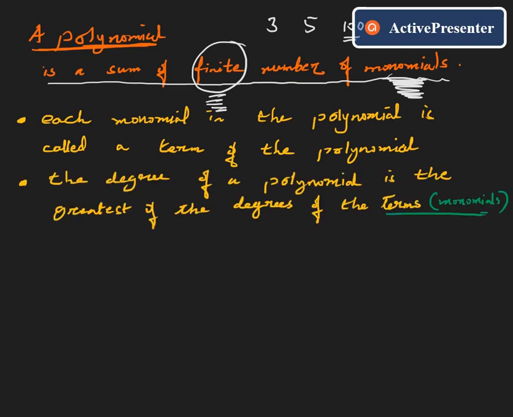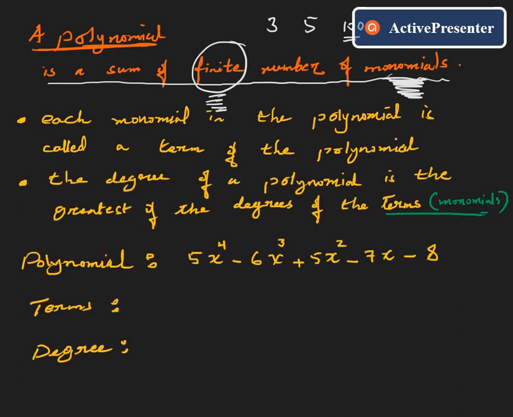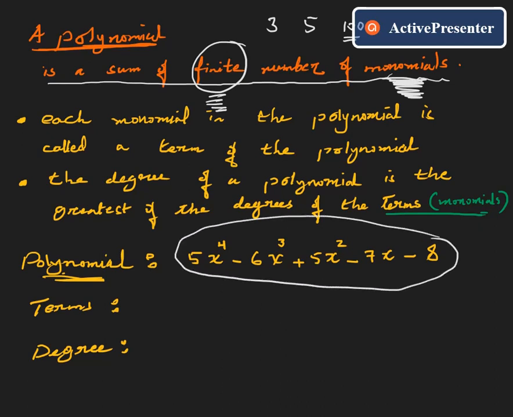For example, if we have a polynomial which is 5x to the power 4 minus 6x cubed plus 5x squared minus 7x minus 8, what are the terms or monomials of this polynomial?